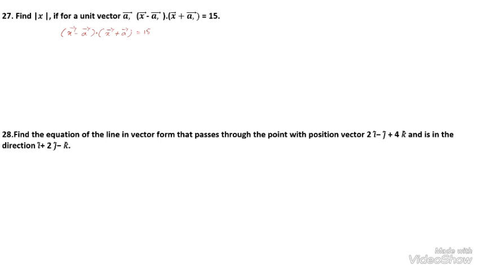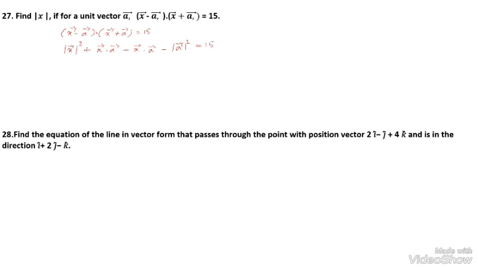Here, vector x into vector x will be magnitude of vector x squared, plus vector x dot vector a, minus vector x dot vector a. Again, we know that minus into plus into minus becomes minus vector a dot vector a. It becomes magnitude of vector a whole squared, equal to 15.